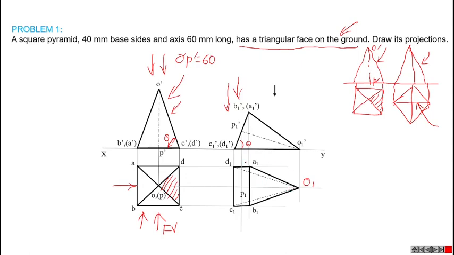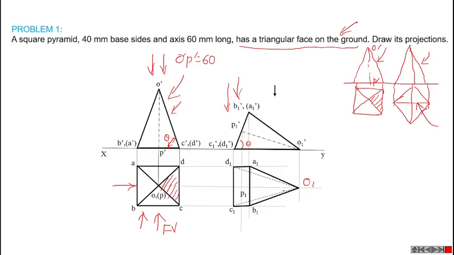Then we have already marked all the edges. Here edges AB, BC, CD and AD are completed. Then AO, BO, CO, DO are the slant heights. Then A1 O1, B1 O1, C1 O1, D1 O1.